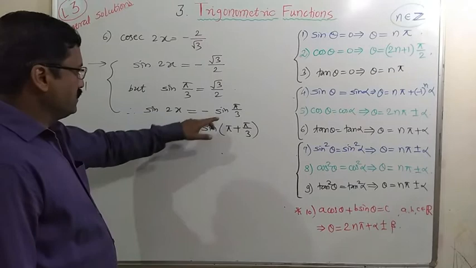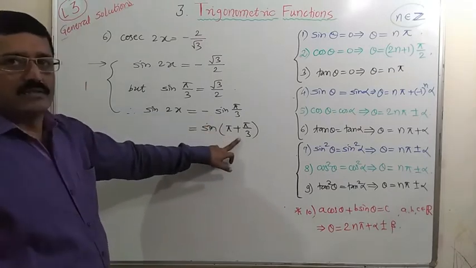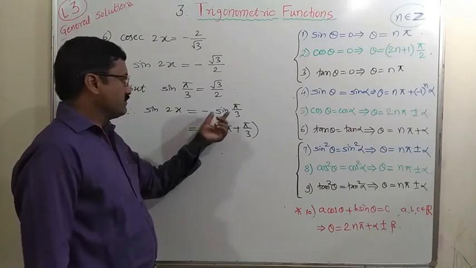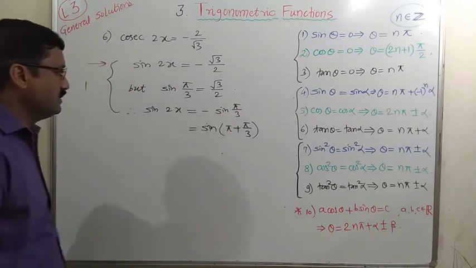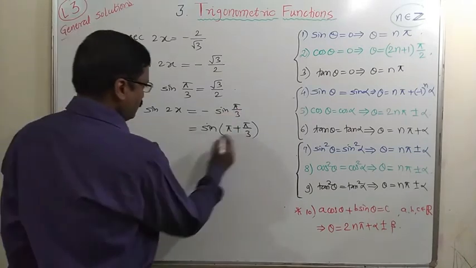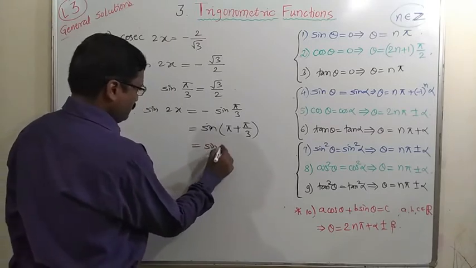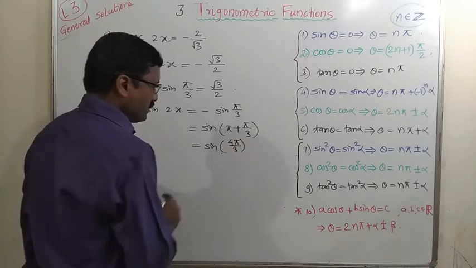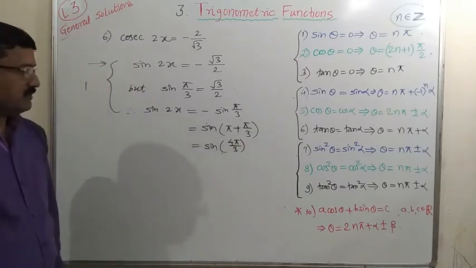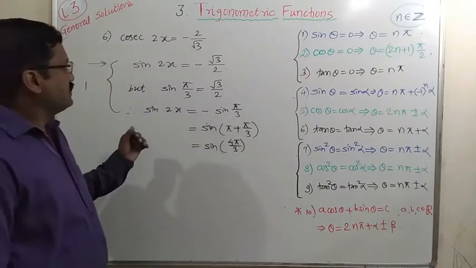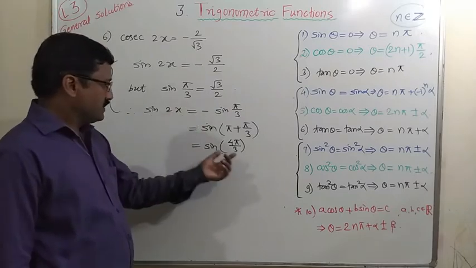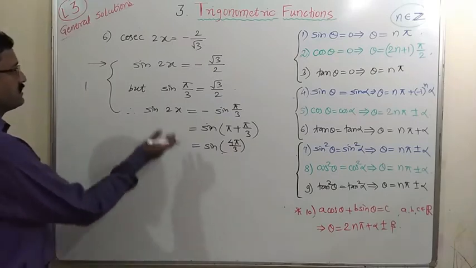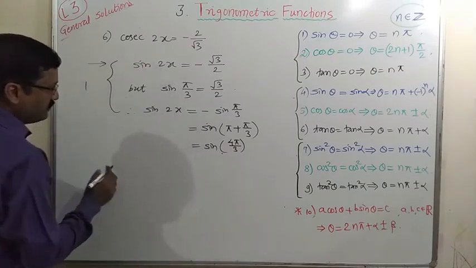Pi means no change in trigonometric function, and pi plus means third quadrant, where sine is negative. So we get negative of sine pi by 3, which is equal to sine of 4 pi by 3, and this is the principal solution of this function, which satisfies the given trigonometric function.